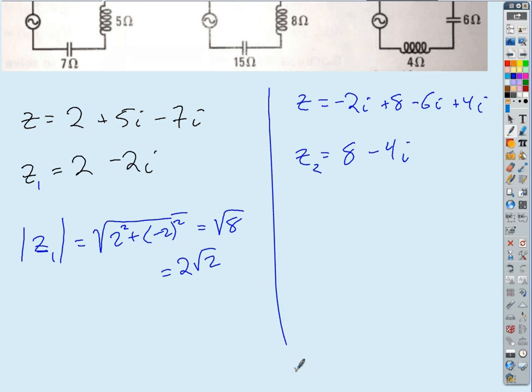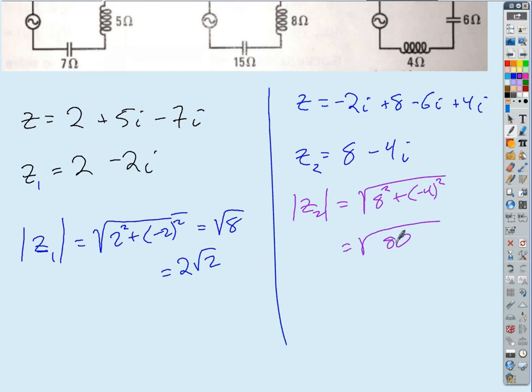So how about over here? If we calculate the modulus of Z2, it's going to be the square root of 8 squared plus negative 4 squared. So that's the square root of 64 plus 16, so square root of 80. And what's a perfect square factor of 80?